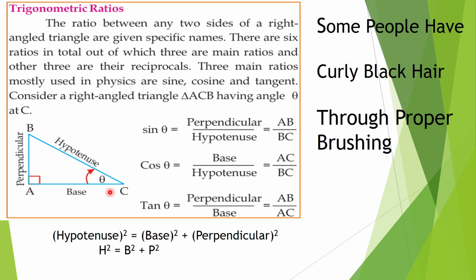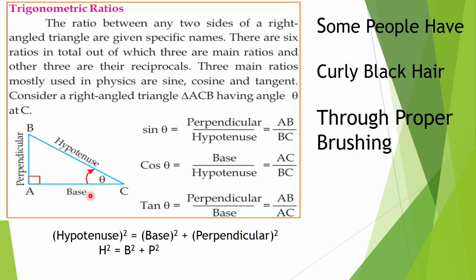So please remember this. This is a right angle triangle. A right angle triangle is a triangle where one angle is equal to 90 degrees. So this is 90 degrees, therefore it is called a right angle triangle. Now in front of the right angle there will be the hypotenuse, and the other side with the theta will always be the base, like this.